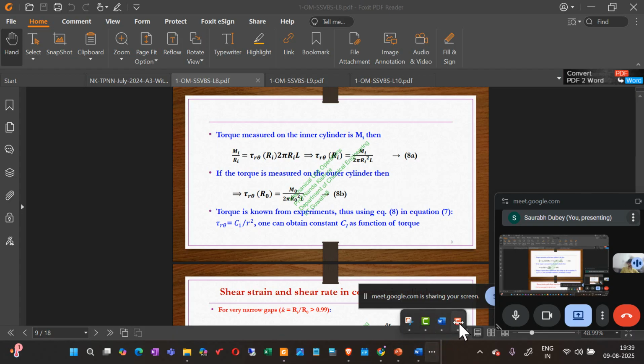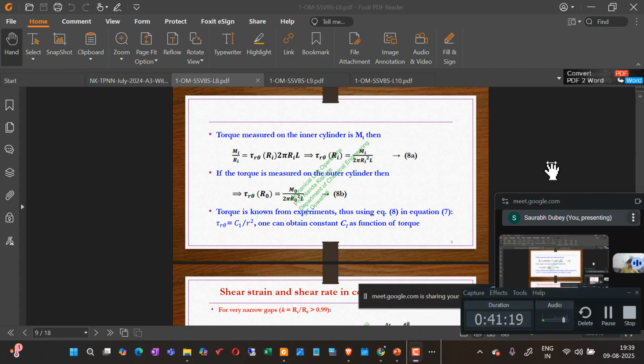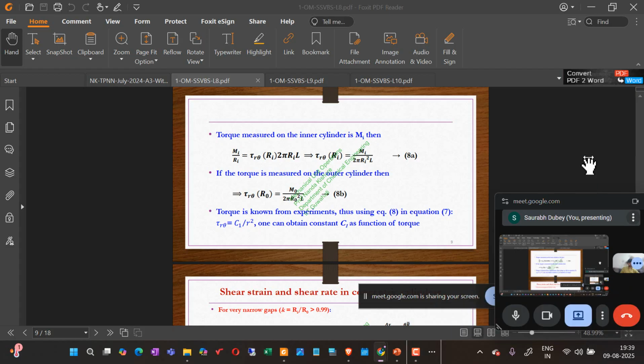This torque divided by R_i helps you compute the constant which came once you calculated the theta component of the momentum equation, and then through that you calculated the tau r theta, right?